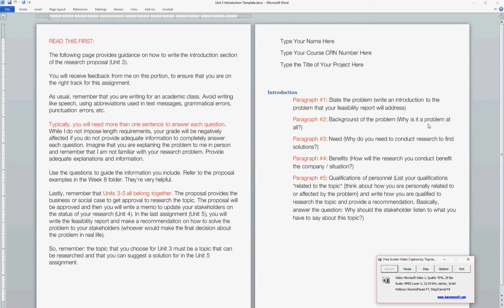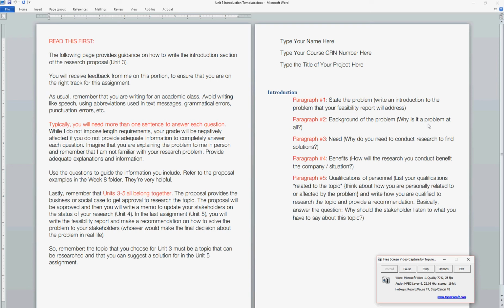In the second paragraph, give a background of the problem. Why is it a problem at all? If there are any facts that you know just from your own experience, this is where you can include that. At this point in the proposal, I'm not looking for information from secondary resources.